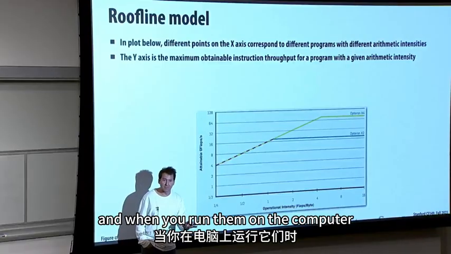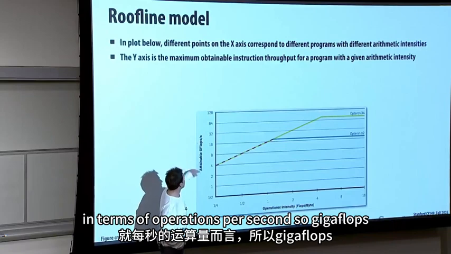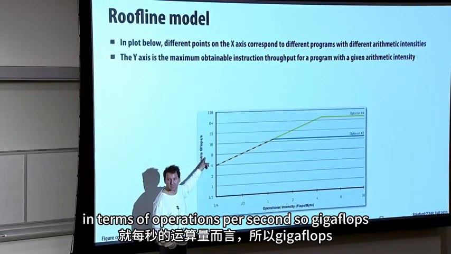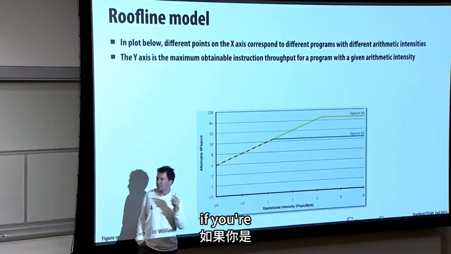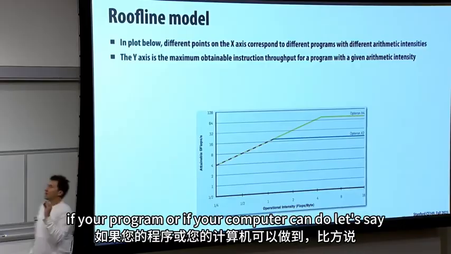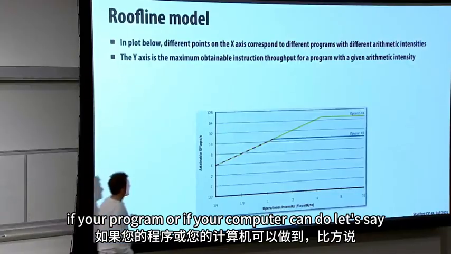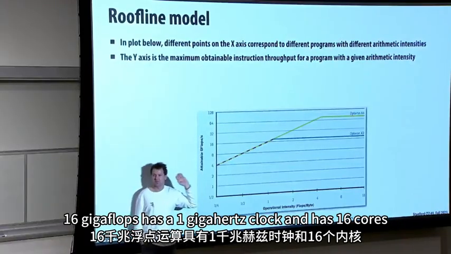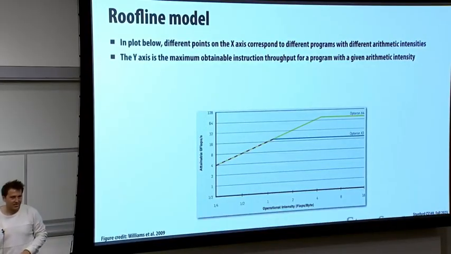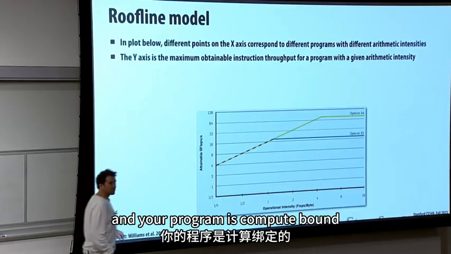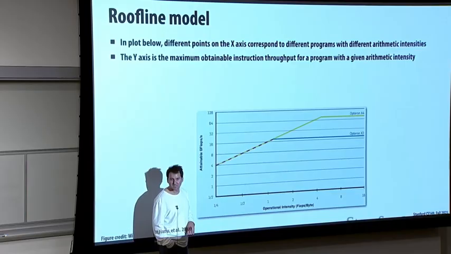And when you run them on the computer, you're going to get a performance in terms of operations per second, so gigaflops. Okay. If your computer can do, let's say, 16 gigaflops, has a 1 gigahertz clock and has 16 cores, and your program is compute bound, you should expect to run at what?